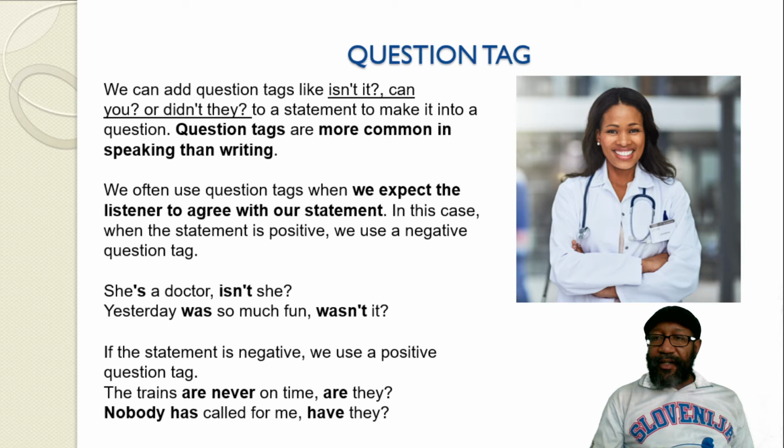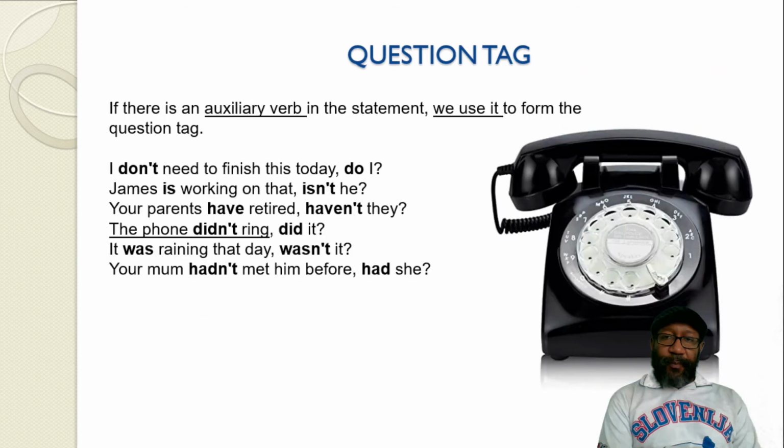If there is an auxiliary verb in the statement, we use it to form the question tag. So the question tag is made by the auxiliary verb if there is one there. I don't need to finish this work, do I? So don't becomes do and you invert with the subject.